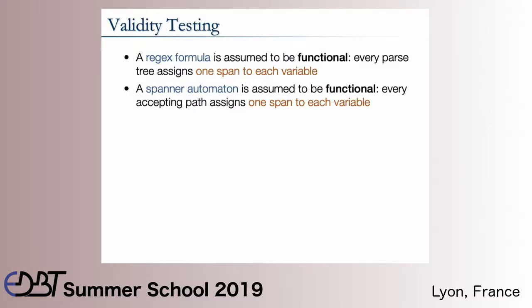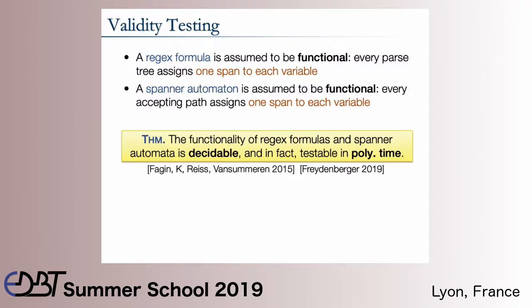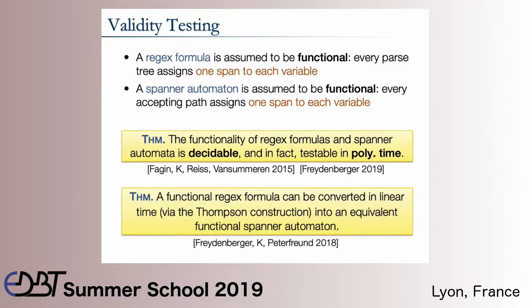And basically this slide says, no worries. We can decide the functionality of regex formulas and spanner automata, which is a decidable problem and even a polynomial time decidable problem. And also, if you start with regex formulas, you can convert them to spanner automata in linear time in the size of the regex formula. So basically the statement is, no worries about this validity functionality testing.